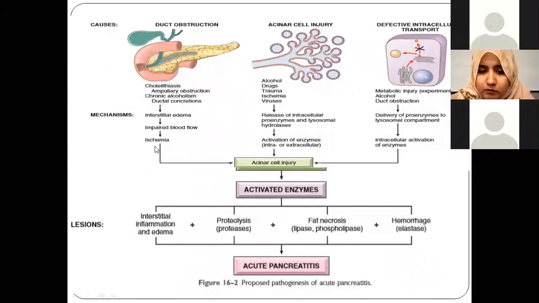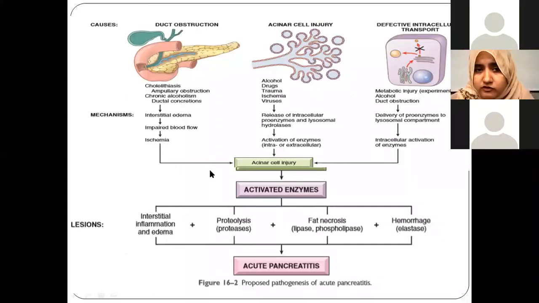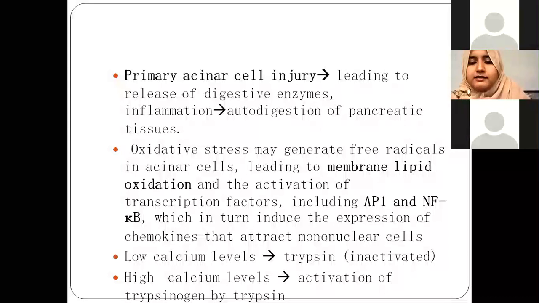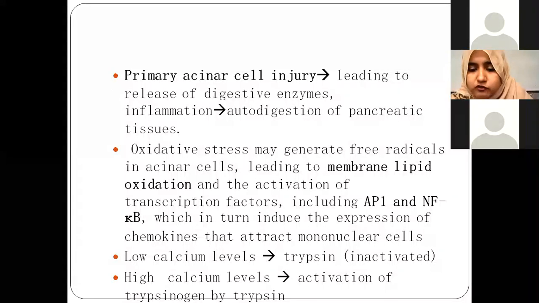So remember what happens: there is accumulation of dead adipocytes, and they cause secretion of cytokines and enhance the inflammation. Now, the primary acinar cell injury leads to release of digestive enzymes because of inflammation, and there is autodigestion of the pancreatic tissue.